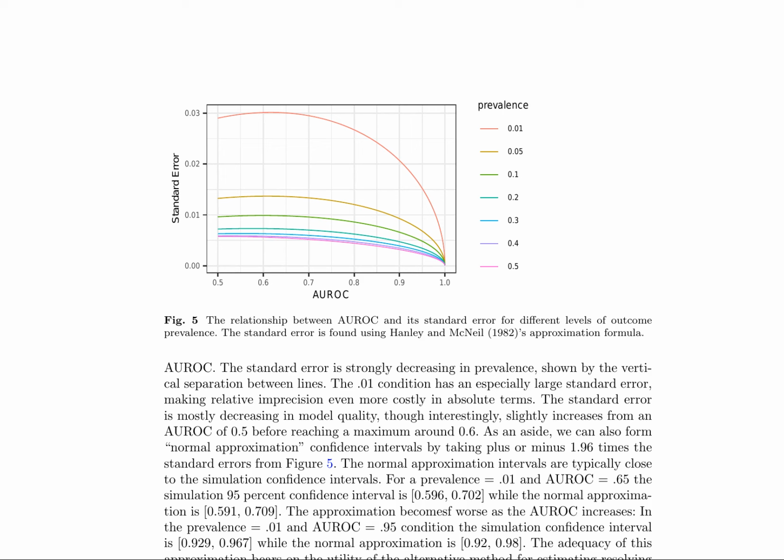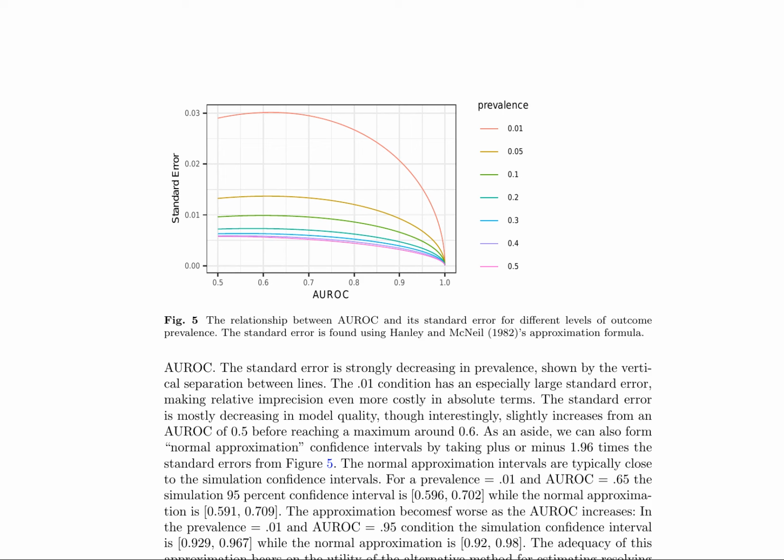The results indicate that the standard error decreases significantly with increasing prevalence, with the 0.01 condition showing a notably large standard error. This suggests that relative imprecision is more costly in absolute terms for low prevalence conditions. Additionally, the standard error decreases with model quality, albeit with a slight increase from an AUROC of 0.5 to 0.6.